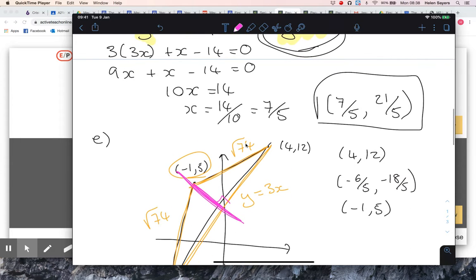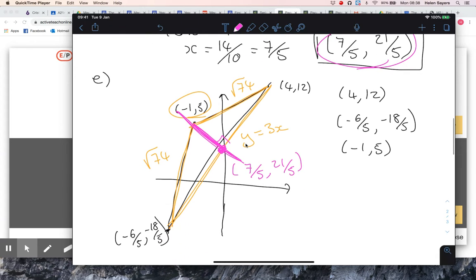And in part D, we worked out that they intersect at 7/5, 21/5, right. So perpendicular triangle. I want to do half base times height.